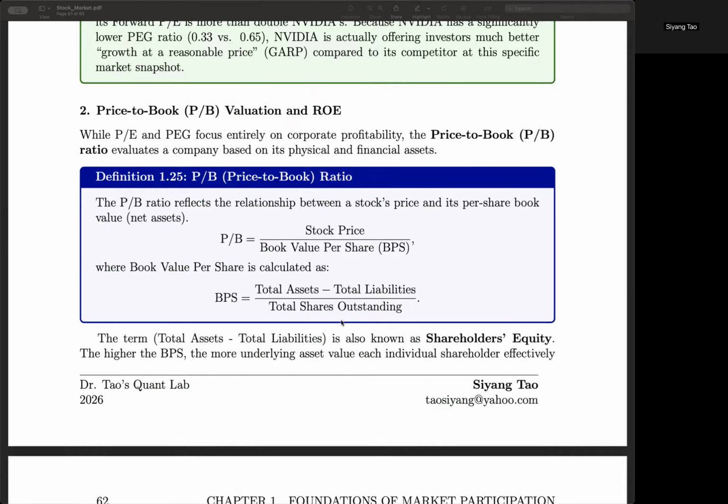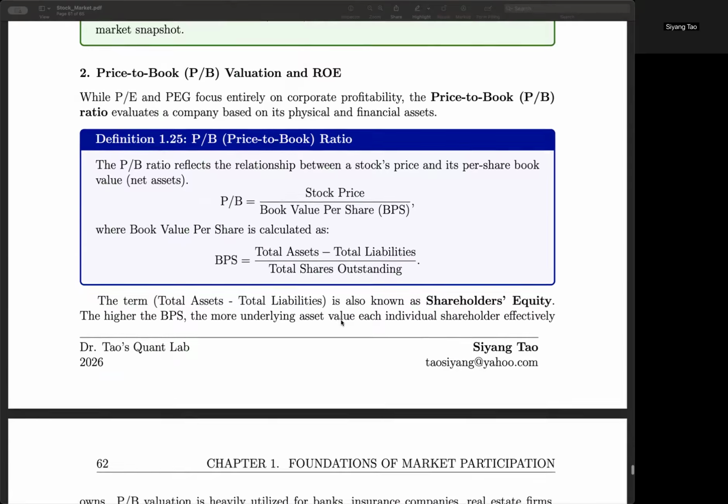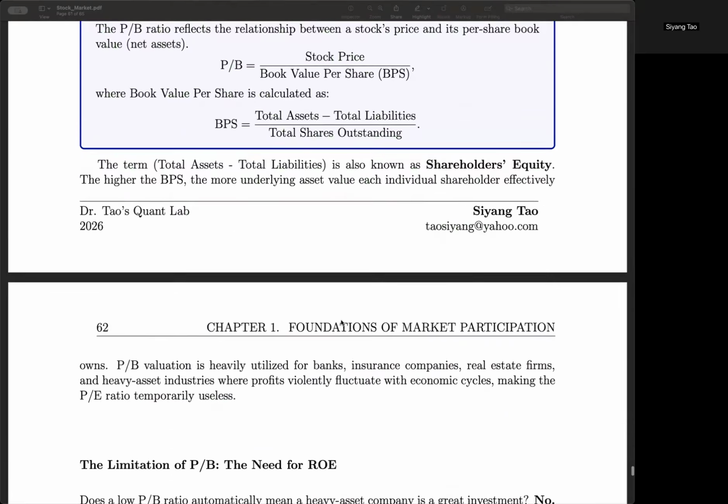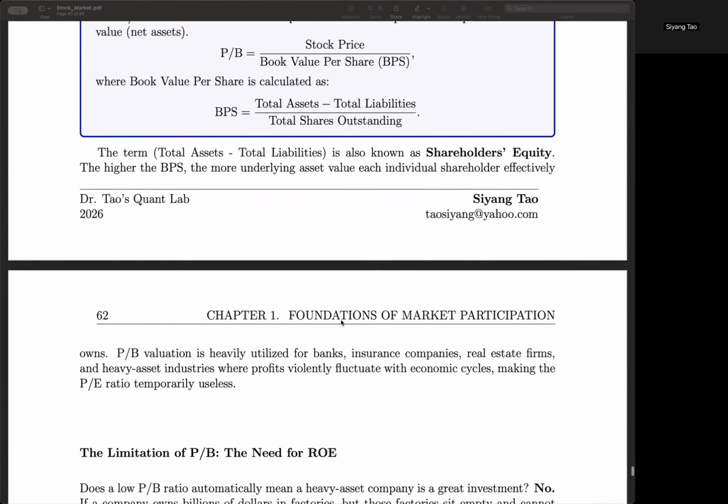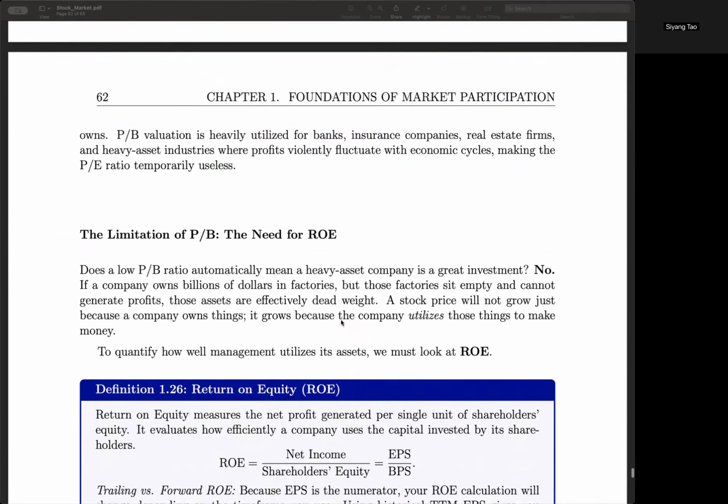But does a low PB ratio automatically mean a bank is a great investment? Absolutely not. Assets are useless if management does not know how to make money with them. To see how well a company utilizes its assets, we must look at ROE, return on equity.